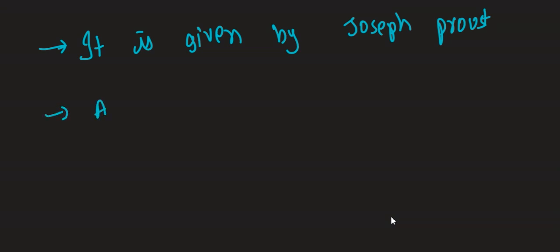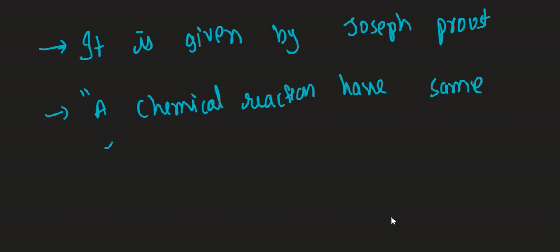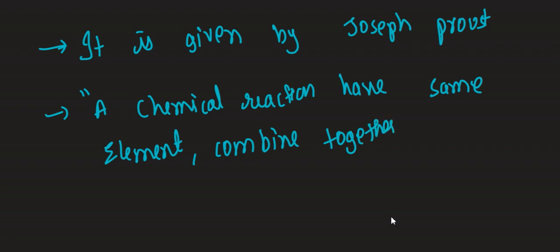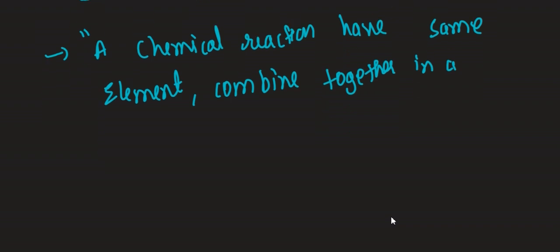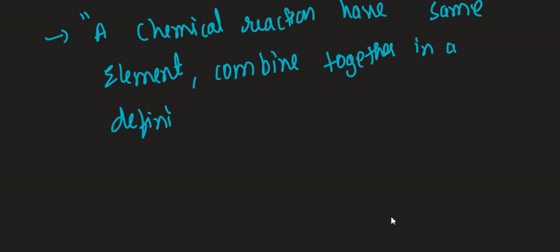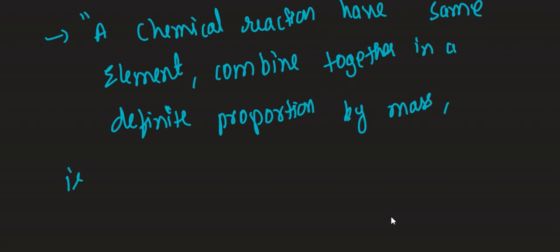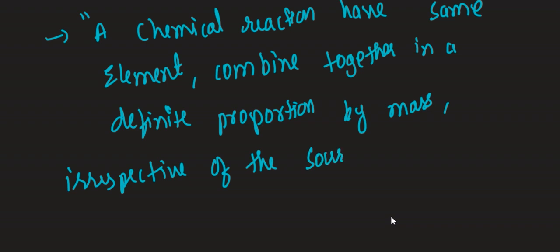A chemical compound has the same elements combined together in a definite proportion by mass, irrespective of the source from which it is obtained.